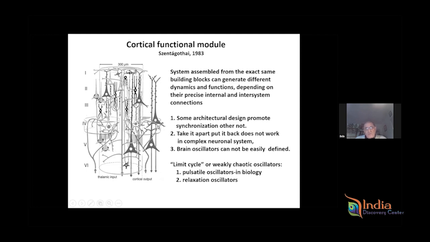So the outgoing information depends on the building bricks, and how they can function together and digest the incoming information.